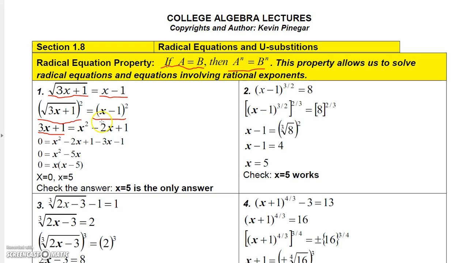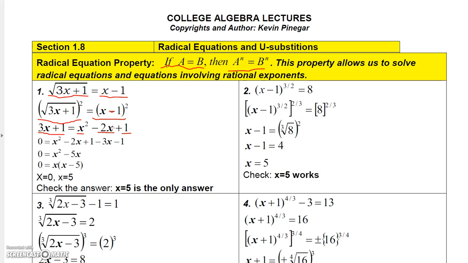Where you have to be careful is that you're squaring a binomial, and when you square a binomial, you get 3 terms. You're going to get the first term squared, minus twice the product of x and 1, and then the second term squared, which gives you a plus 1.